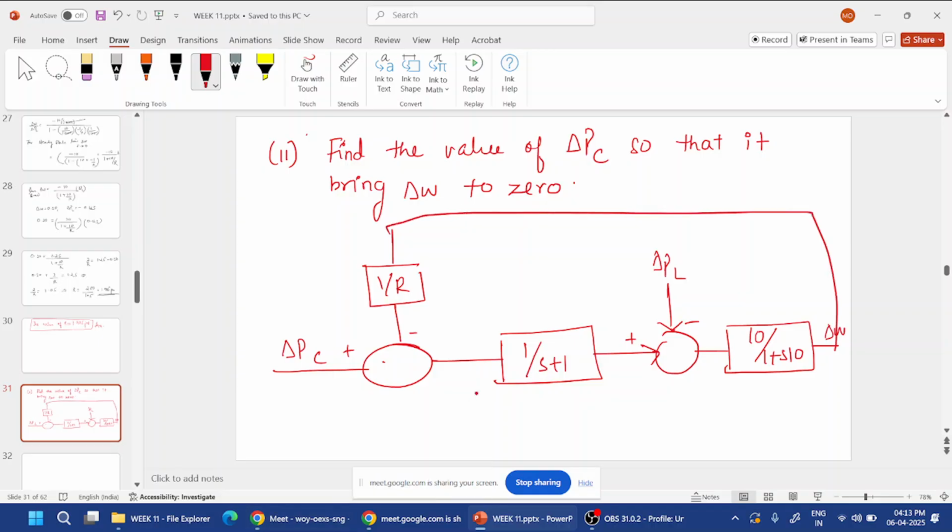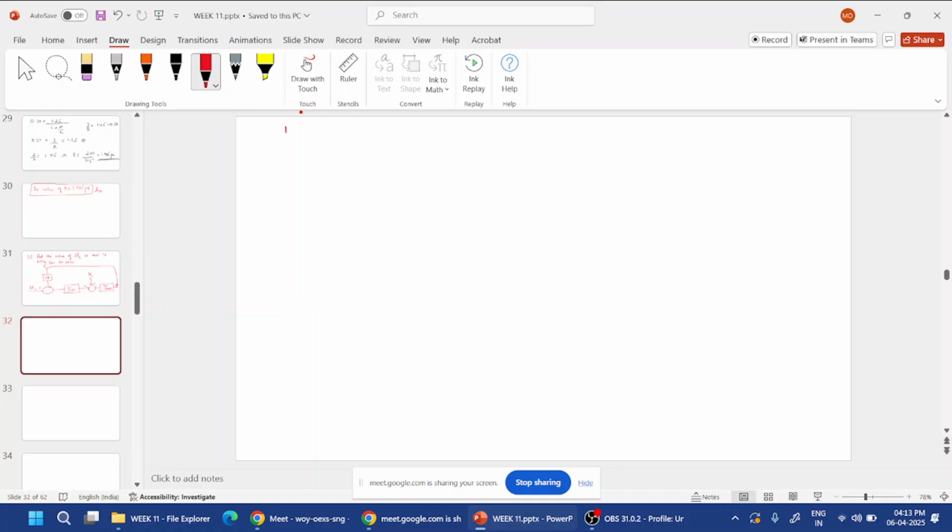Using the signal flow graph, I'm not going into details of how we do it, otherwise I will not be able to solve this question. We have to solve different questions also, and this is a power system. I hope you know how to implement the signal flow graph.